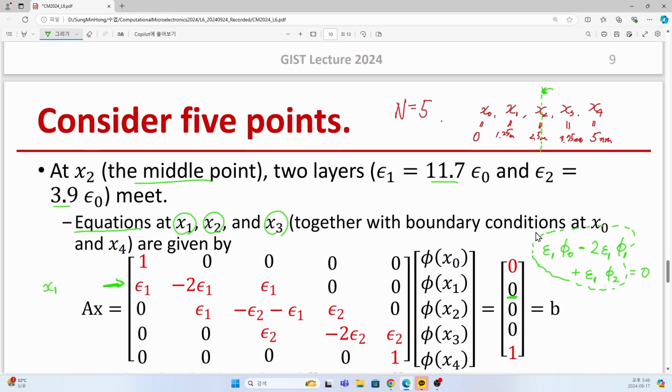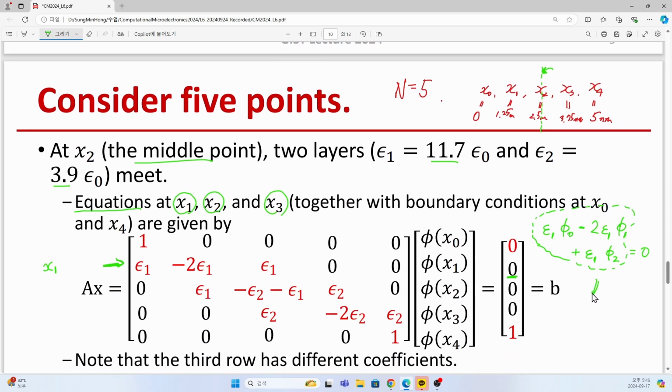This is nothing but, if we just multiply delta x and everything is just divided by delta x, then epsilon 1 over delta x phi 2 minus 2 times epsilon 1 over delta x phi 1 plus epsilon 1 over delta x phi 0.